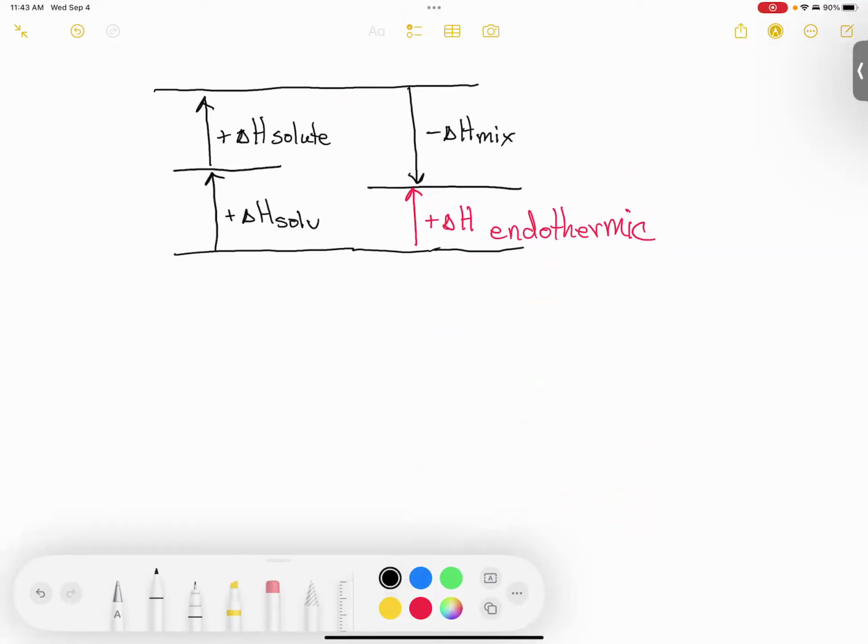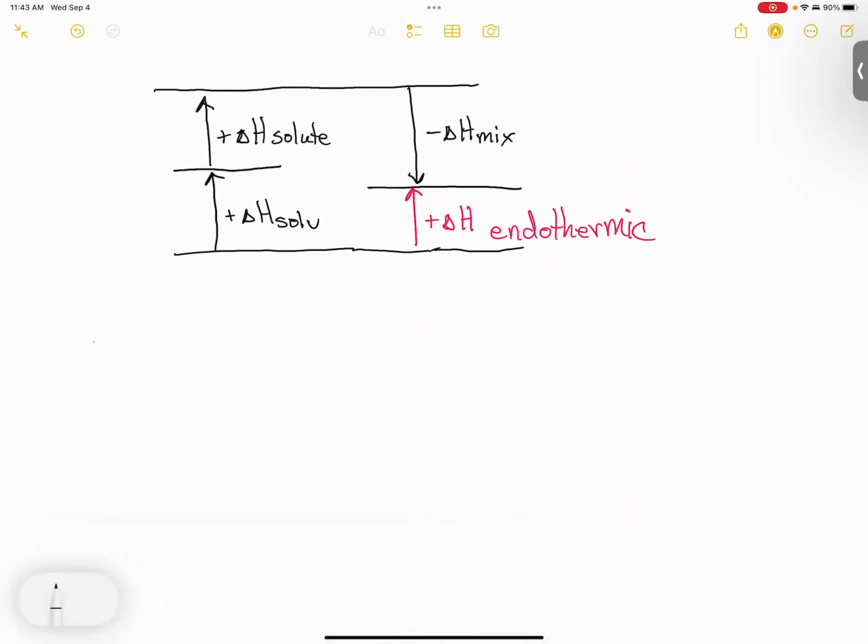So basically what it boils down to is if the solute-solvent interaction is greater than the solvent plus the solute interactions, a solution will form.